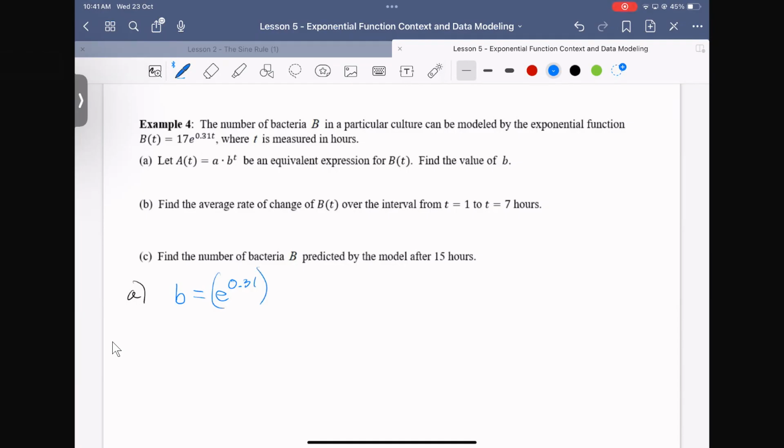You can actually find e to the x, which will be a bit quicker, just to the left of the 1. So find the e to the x, 0.31, and we get b is approximately equal to 1.36. So b is actually equal to e to the 0.31, but approximately 1.36.